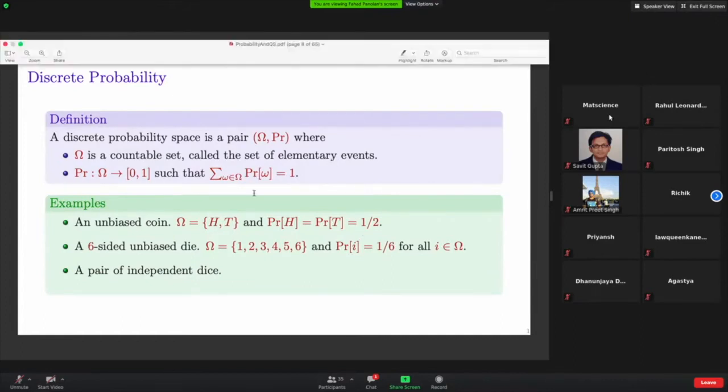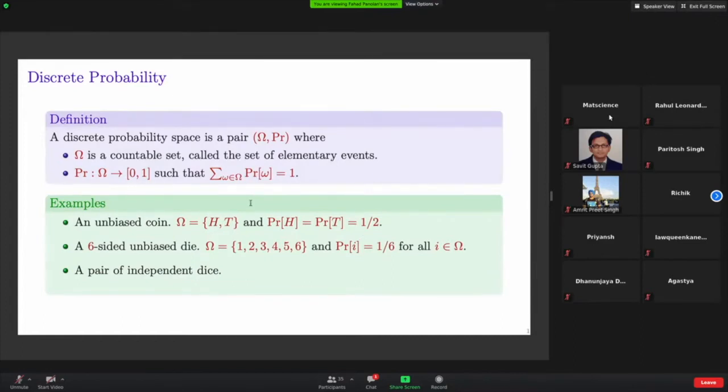The random experiment is to throw 2 independent dice, like die 1, die 2. For this random experiment, how will you define the sample space or probability space? Notice that a probability space is a pair containing elementary events and probability.